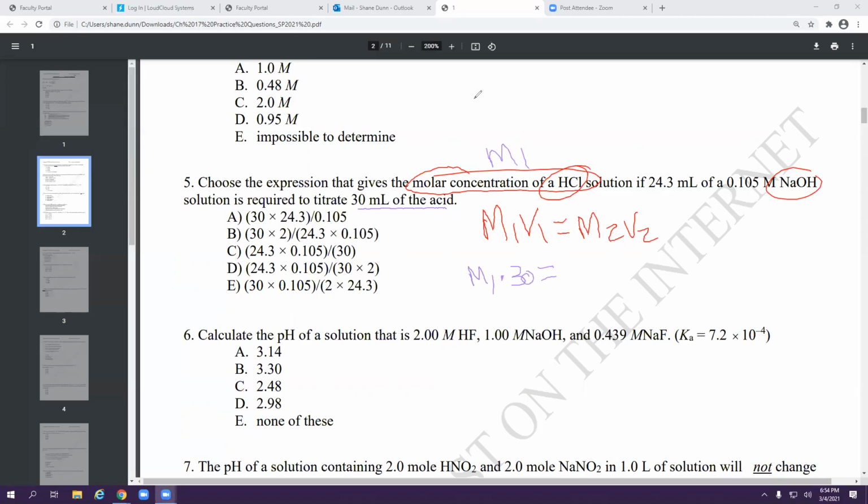Then we're going to do, let's do teal, right? 0.105, does that come up good? It comes up okay, right? Big M times the base's volume, 24.3. Okay, how do I solve for M1?